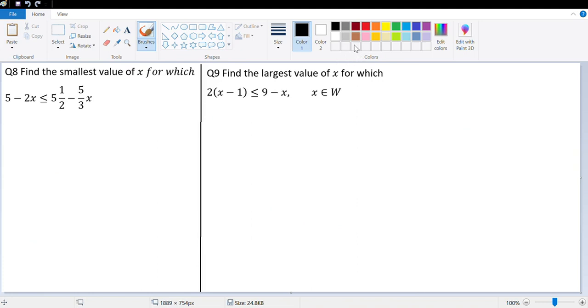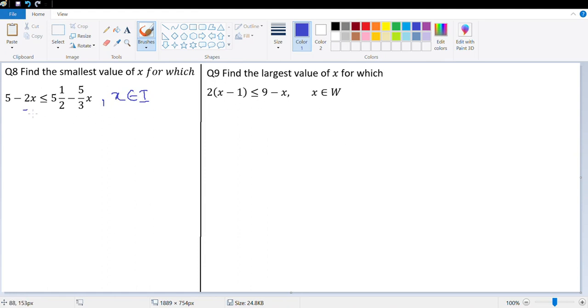Question number 8 says, find the smallest value of x for which 5 minus 2x is less than or equal to 5.5 minus 5 by 3x, and x is an integer. I did not write x belongs to integer. So let's solve this and see how we will get about this.